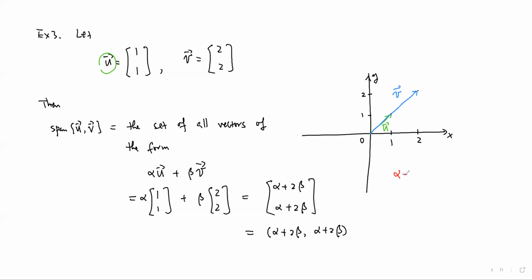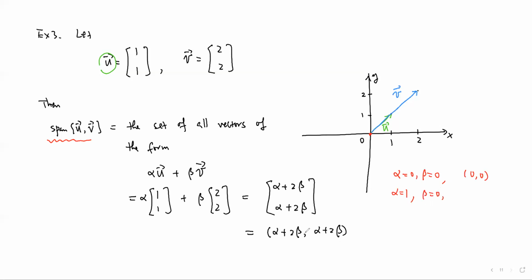When alpha is 0, beta is 0, plug in 0 in alpha and beta, then we get (0, 0). This point is in this set. How about let me pick alpha to be 1 and beta to be 0.